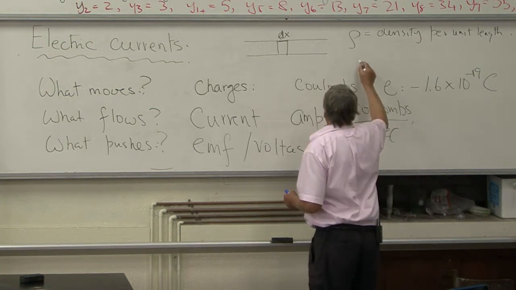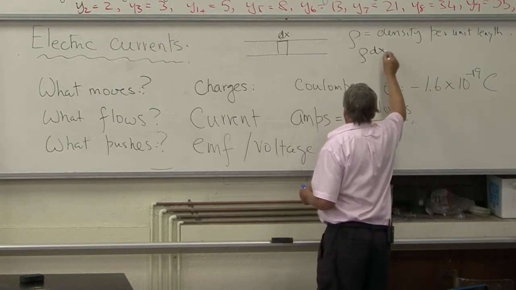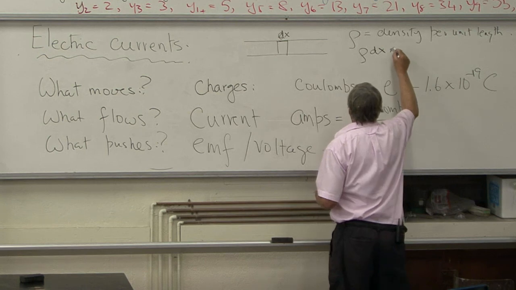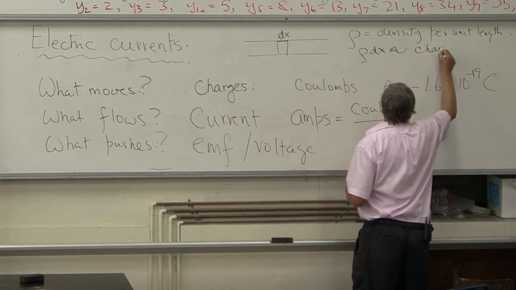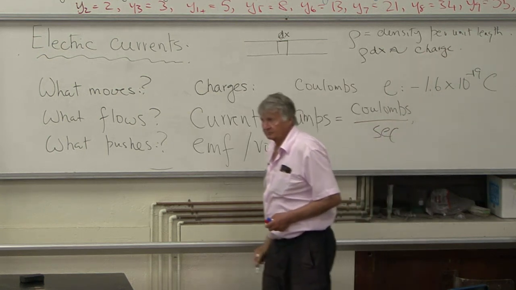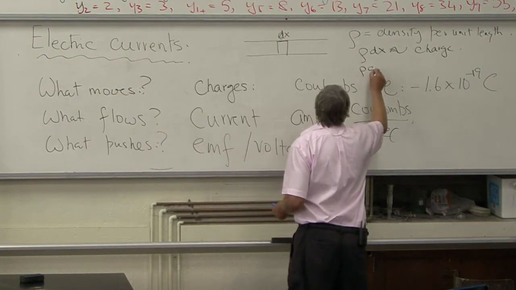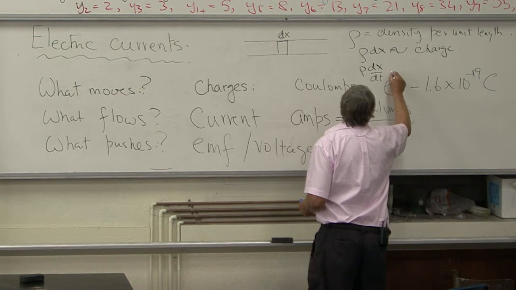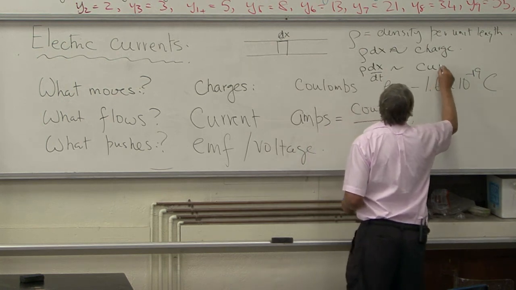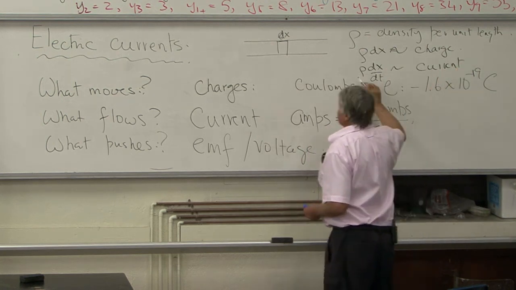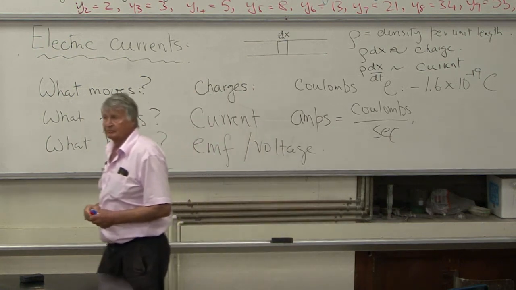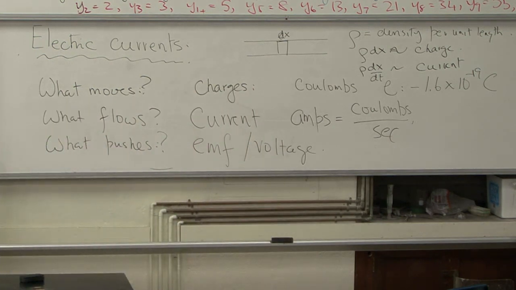So actually the mass, rho dx, the mass of this slug, that's like the charge. So rho times dx by dt is like the current. So this is the momentum. The other is mass. The mass is like the charge, the momentum is like the current.